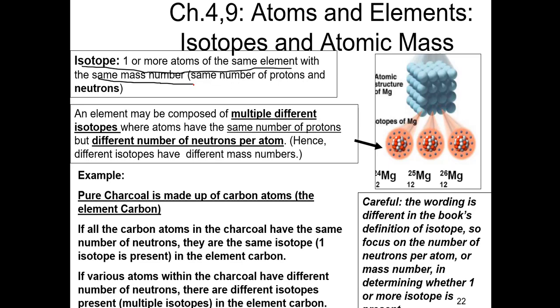If I were to have 3 isotopes, then they'd all have different mass numbers because they all have different numbers of neutrons. So if you look to the right, over here we have 3 nuclear symbols, and the one on the left has a mass number of 24, then 25, 26. So therefore, they all have different numbers of neutrons, and therefore there's 3 different isotopes.